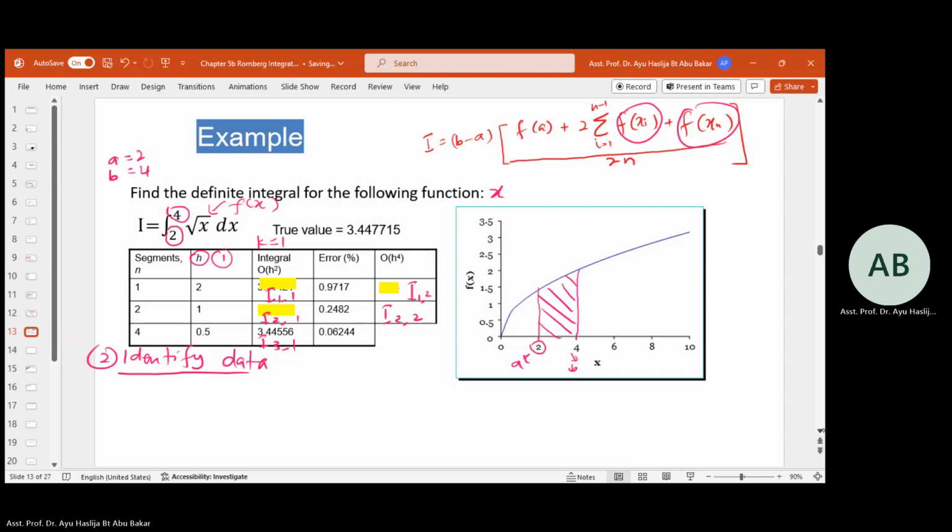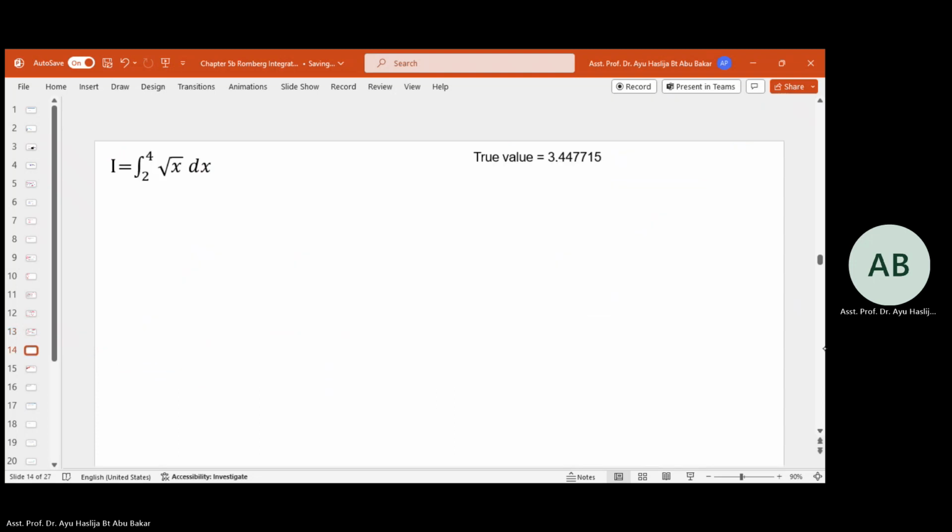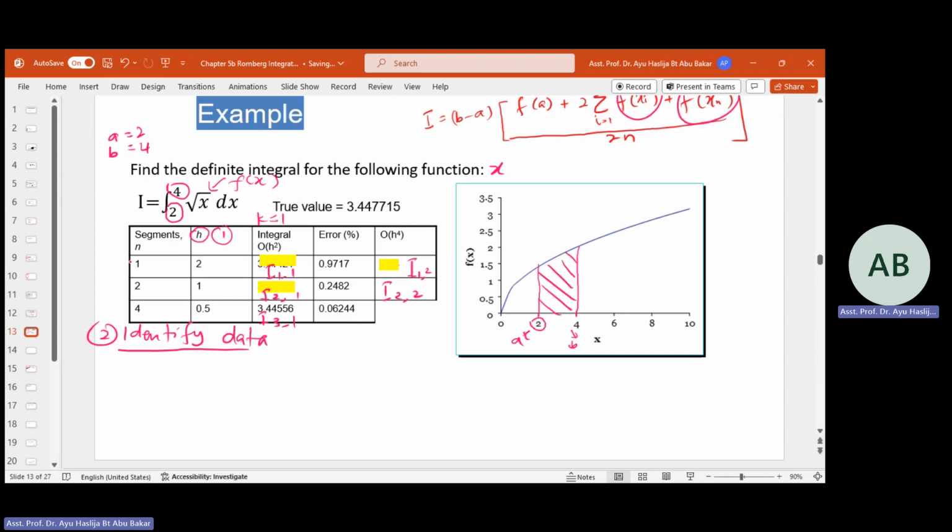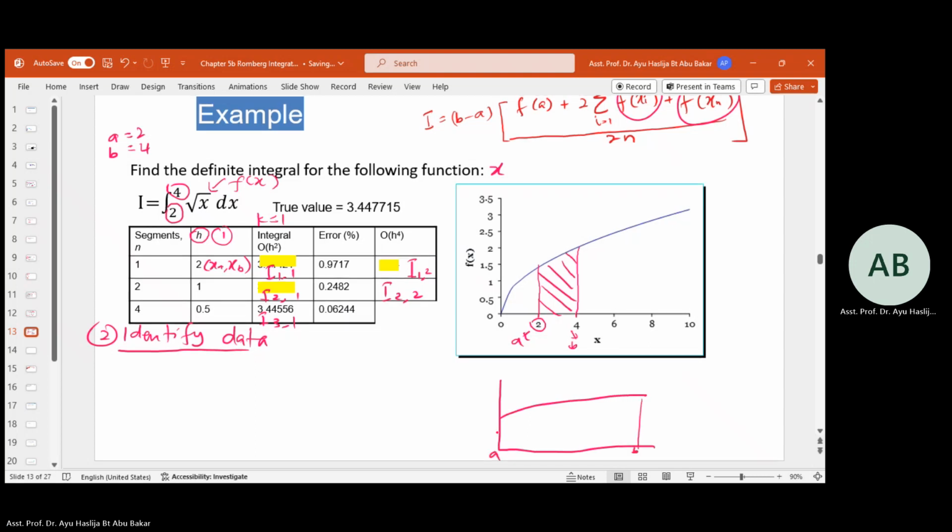Okay. Now for n equals 1, h is 2. So here it involves x_a and x_b only, right? The points. Okay, n equals 1, x_a, x_b only, correct?